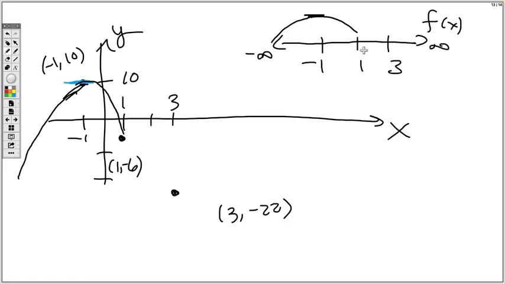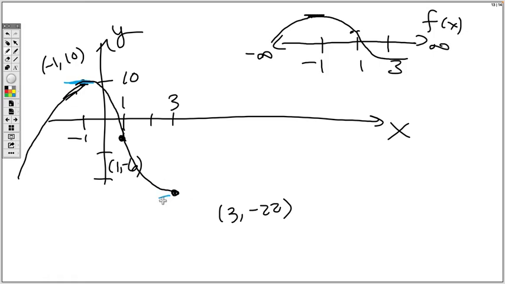Now what changes at 1? From 1 to 3, it's still decreasing, but now it changes from concave down to concave what? Up. So now between 1 and 3, it's concave up and decreasing. So it looks like that, until it gets down to 3.